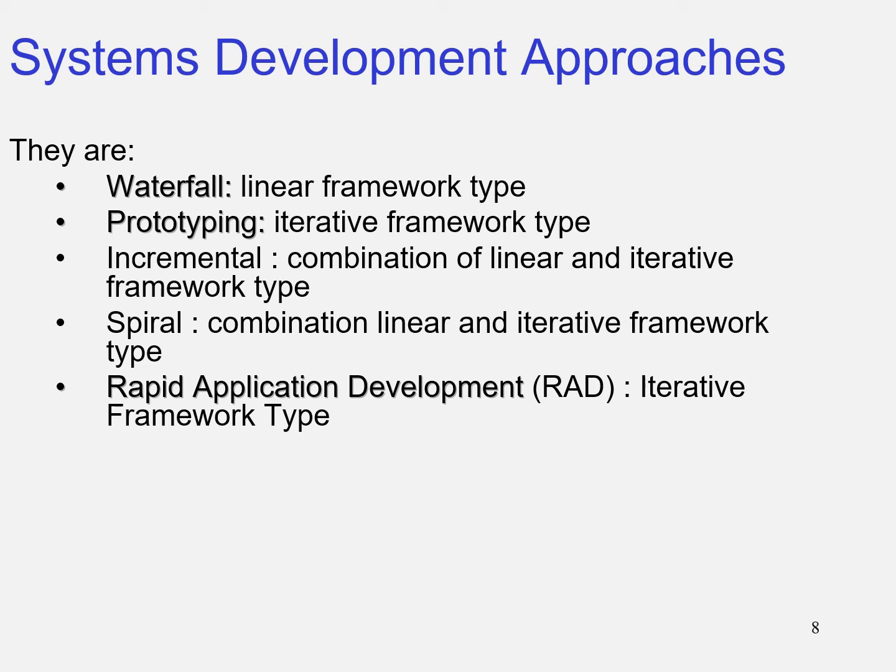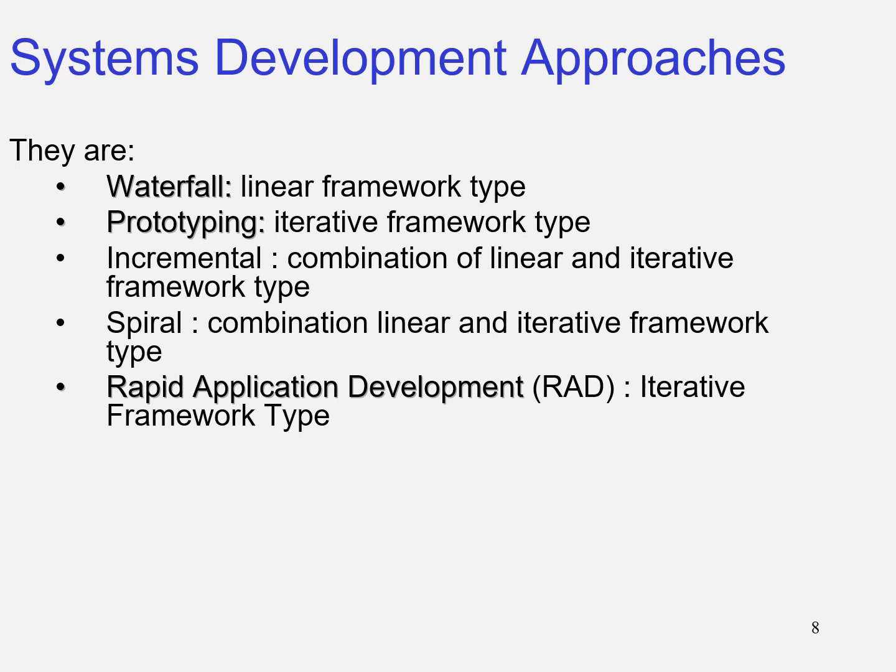Okay, so it is a combination of linear. Linear is step by step. Okay, iterative has a small cycle, right? And then there is an approach called spiral. Spiral is like a circle, you can imagine.